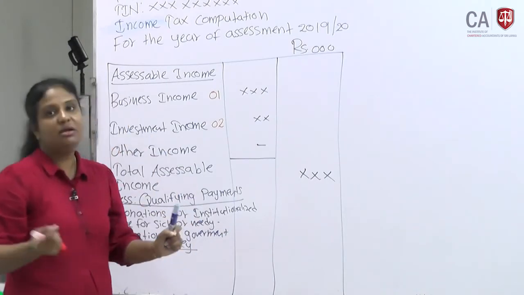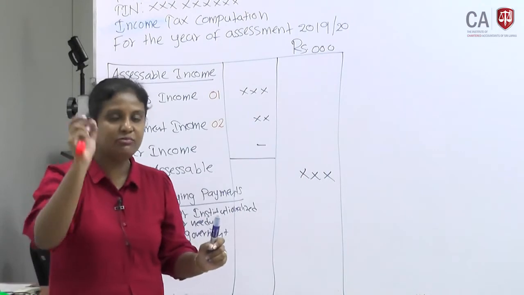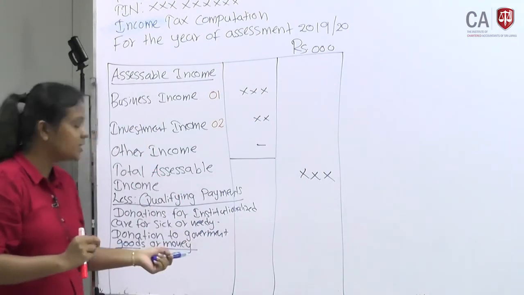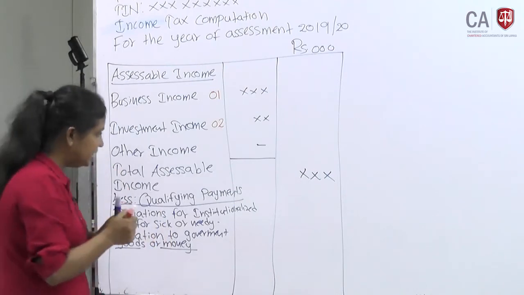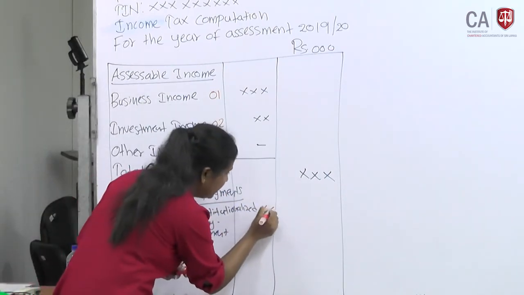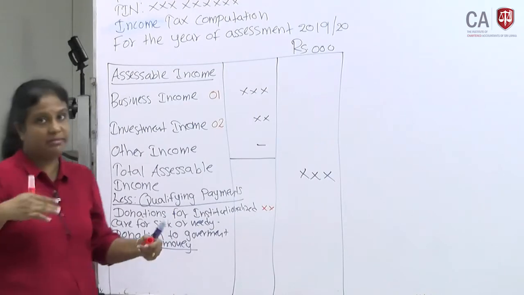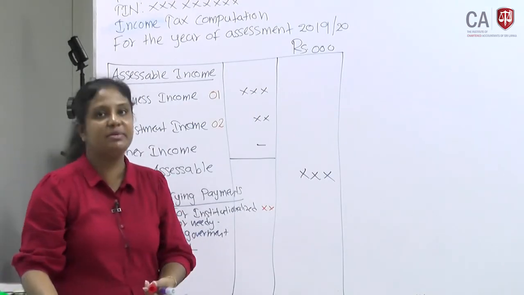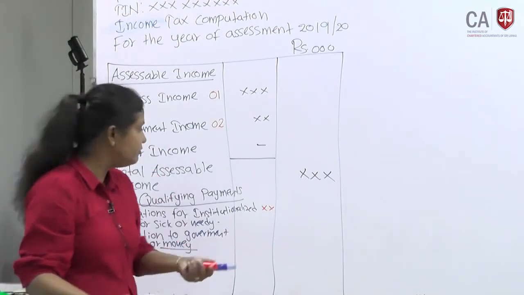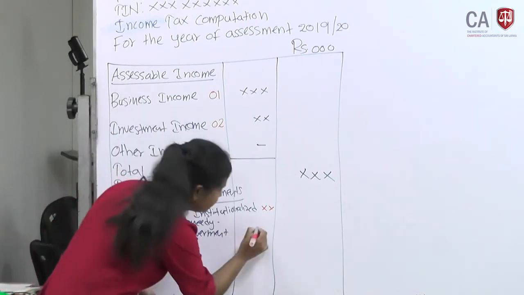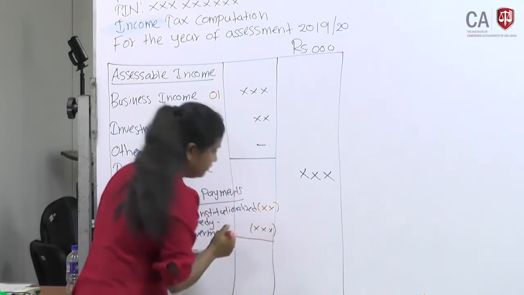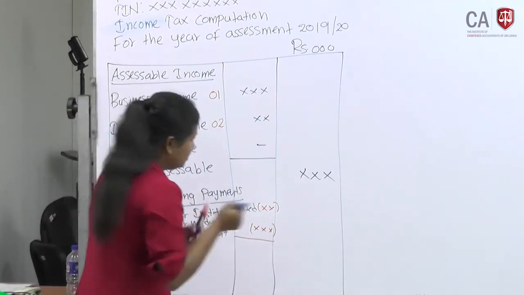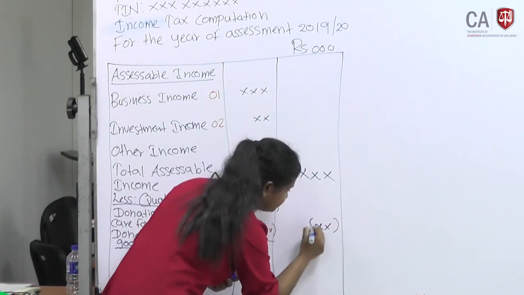That donation is taken according to one-fifth of the taxable income, rupees 500,000, or the actual donation, whichever is lower. And donation to government may be a donation to the Apeksha hospital or the general hospital, which we can claim. Now we have the total qualifying payments here.